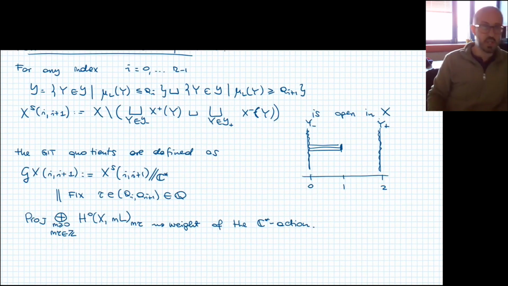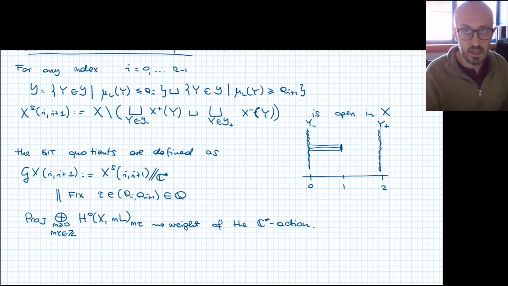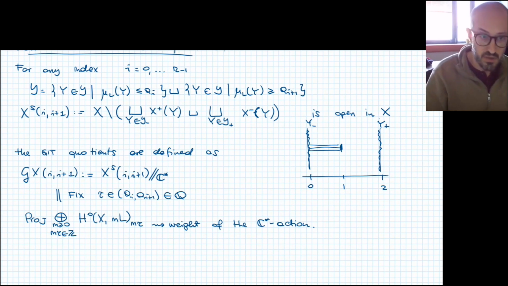So basically what you do, you decompose this. You have a natural way of writing these quotients, and you can see these quotients as a Proj of some graded algebra.